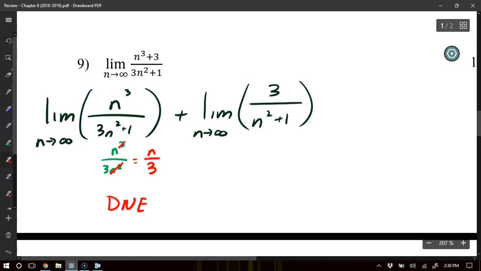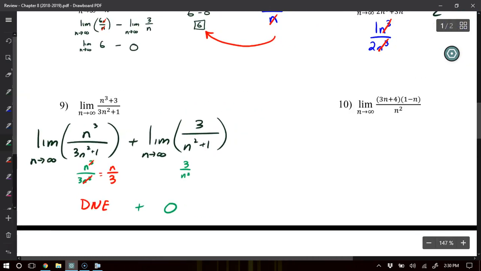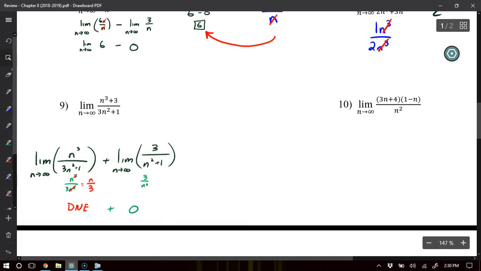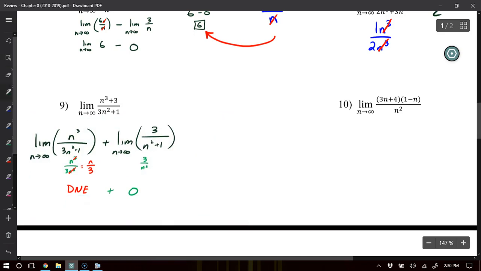The second one, if I look at the first terms, is 3 over n squared, which approaches 0. Well, if the first one doesn't exist and you're adding 0 to something that doesn't exist, I imagine it still does not exist. The limit here does not exist because it's infinity.